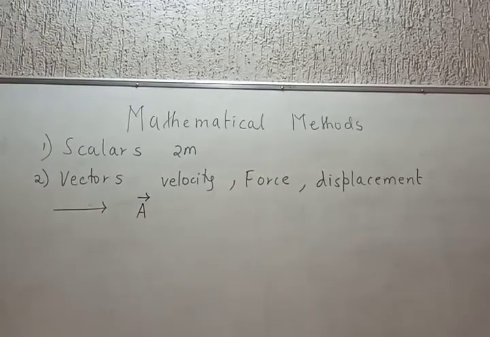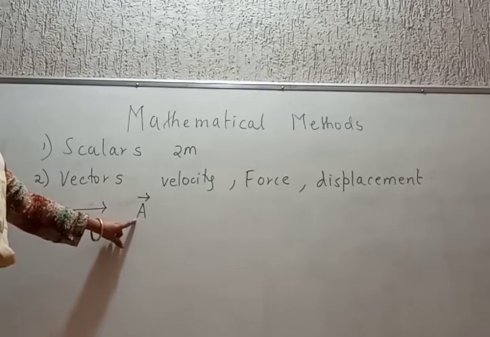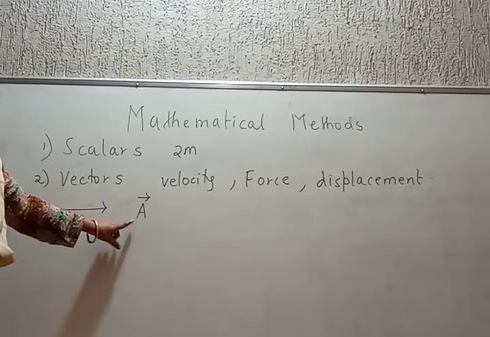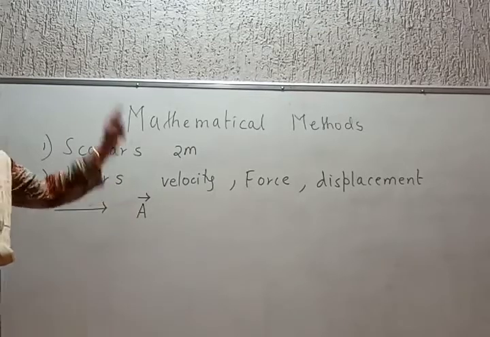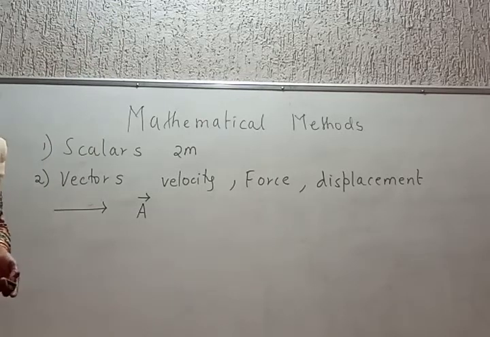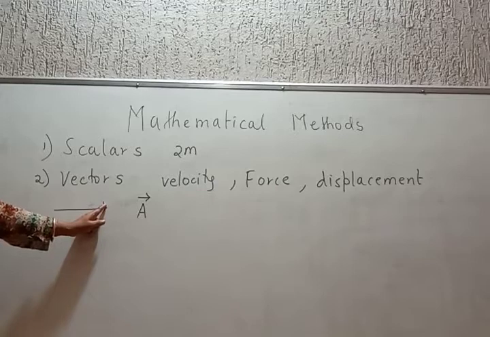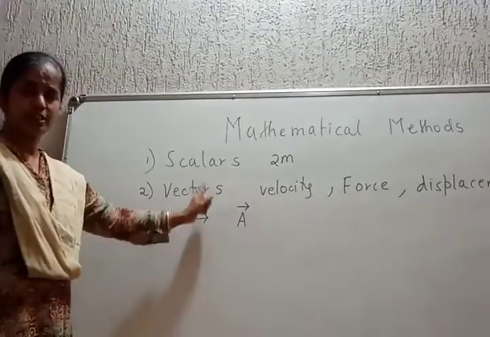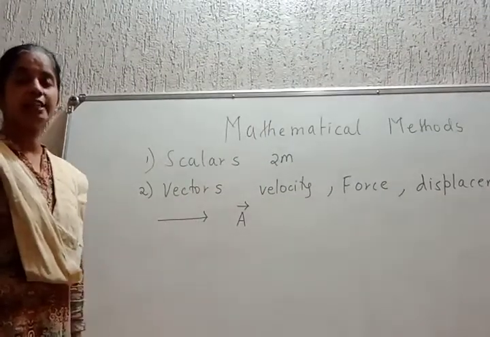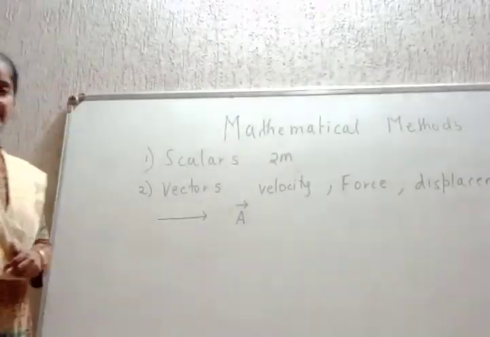Whenever you want to show a vector, suppose A is a vector, a physical quantity which is a vector. How will you show that it is a vector? You should provide an arrow over its head. Okay? The length of the segment gives the magnitude and the arrow at the head gives you the direction. That is what a vector is.